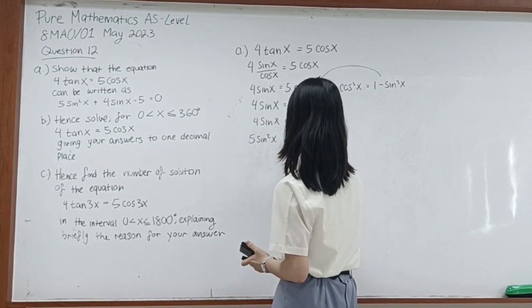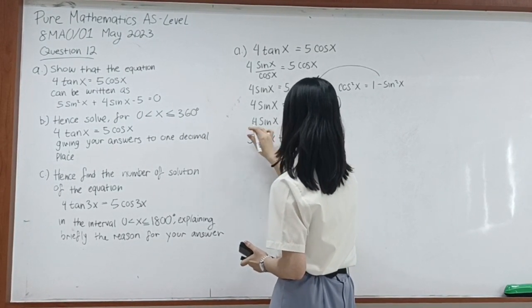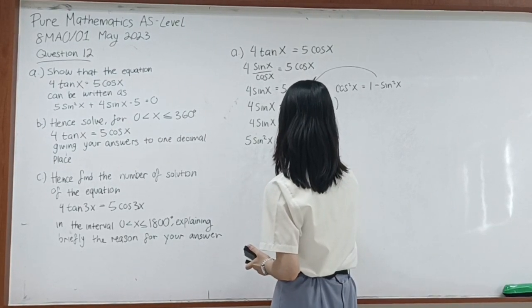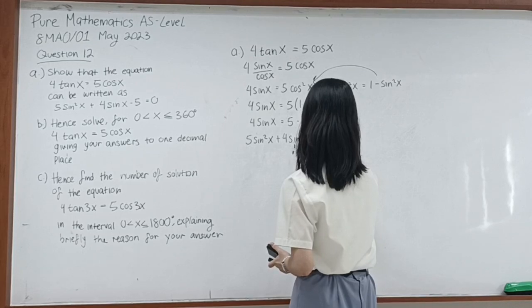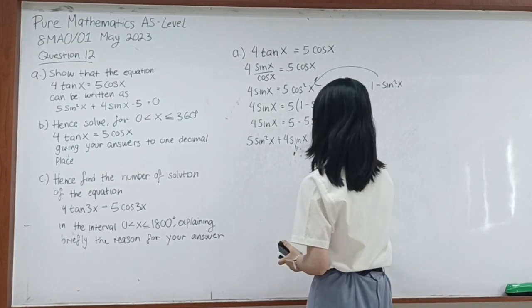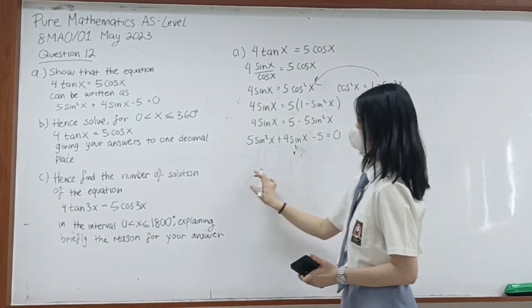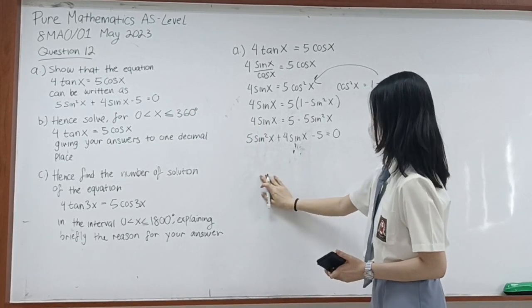And since the 4 stays in the left side, we keep the sign plus 4 sin x, and the positive will turn into a negative, so minus 5 equals 0. And with that, we have solved the first question of part A.